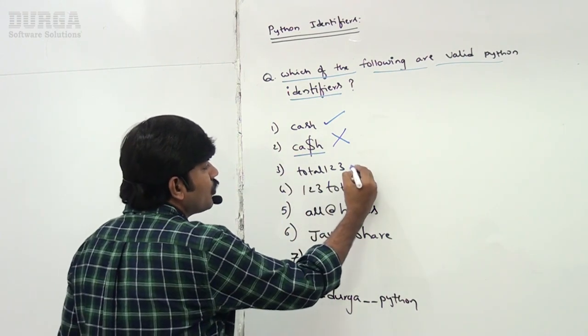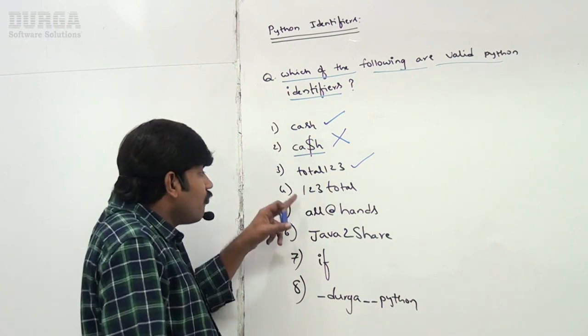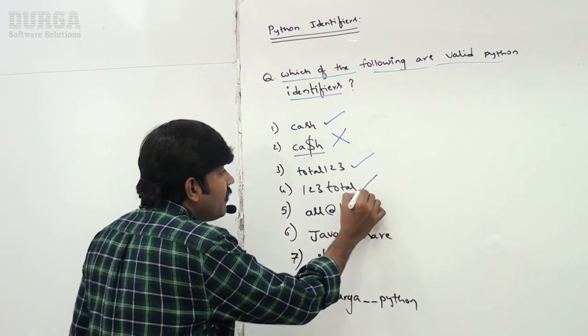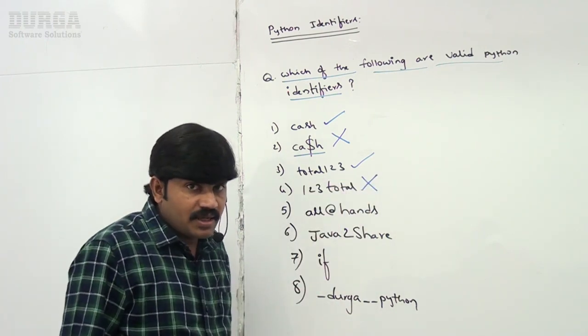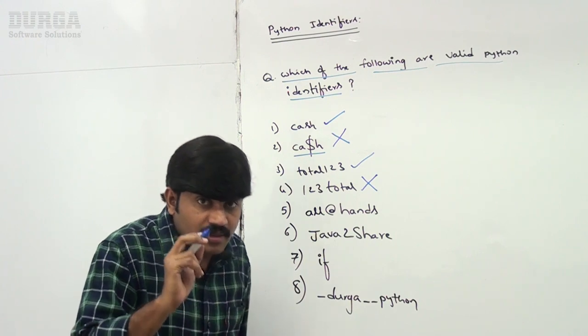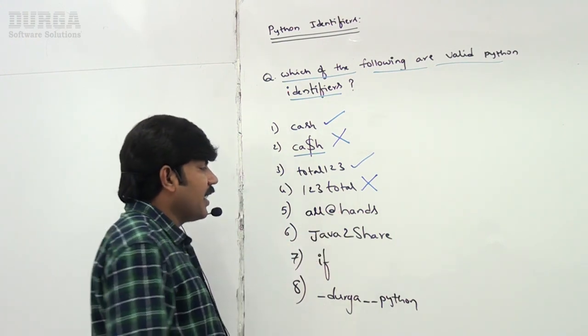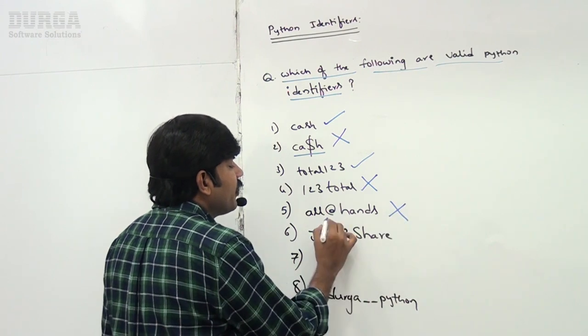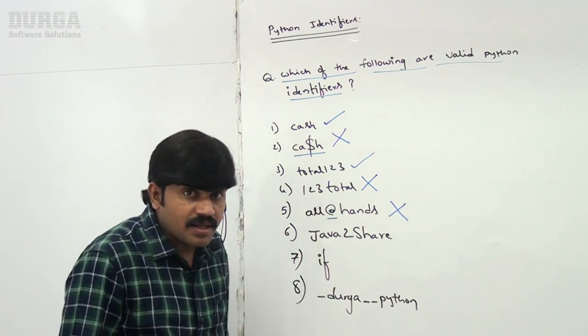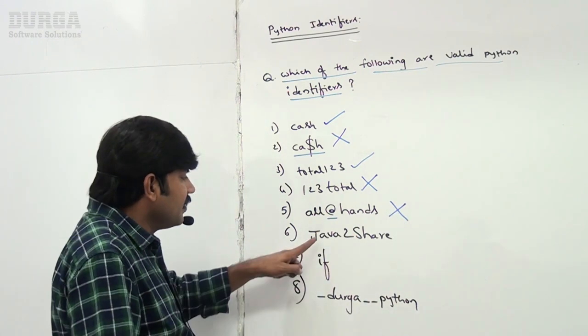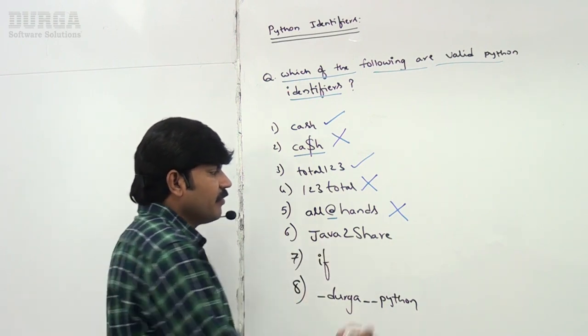The next one, starting with a digit, is invalid. What is the reason? An identifier can't start with a digit. Next, the @ symbol makes it invalid because that symbol is not allowed in a Python identifier. Next, Java2share, what is the problem?